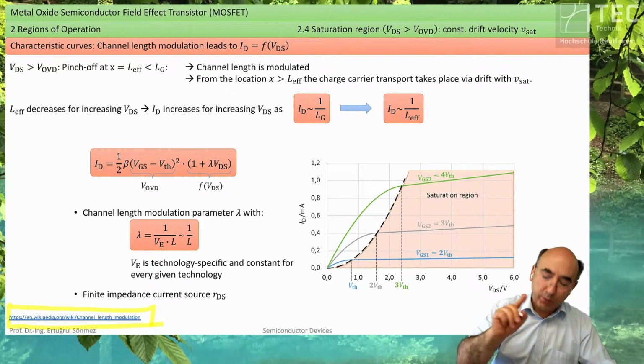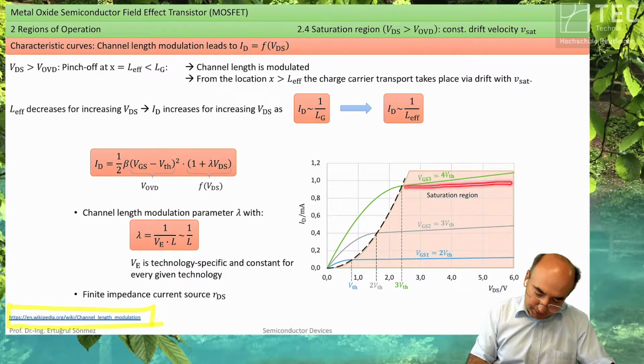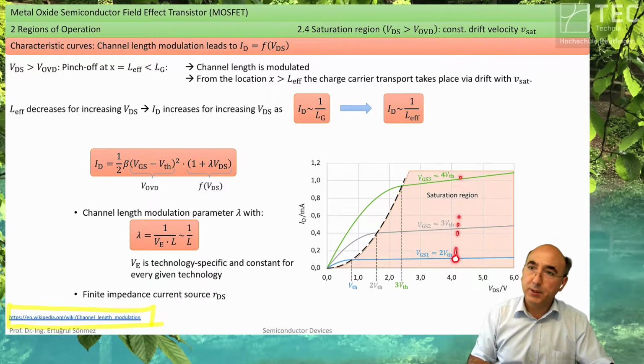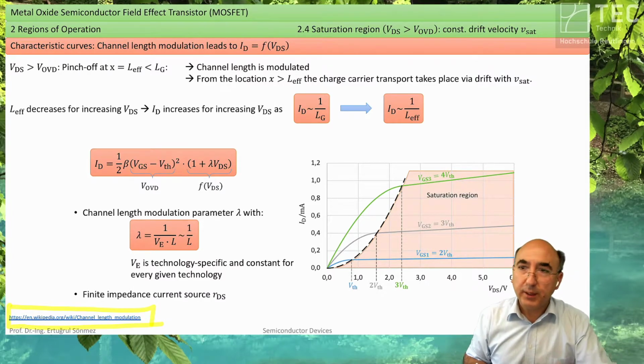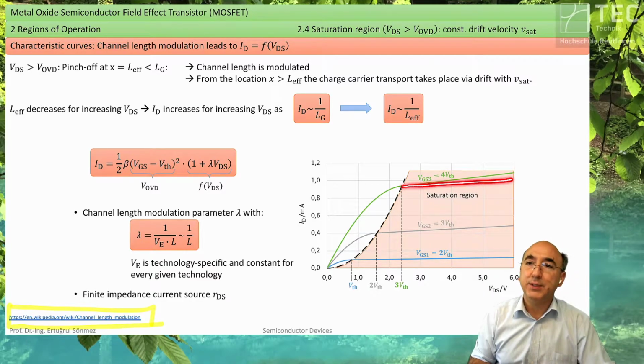That means if you want a low slope, then you go to reduced bias currents, and additionally you increase the length of the transistor.